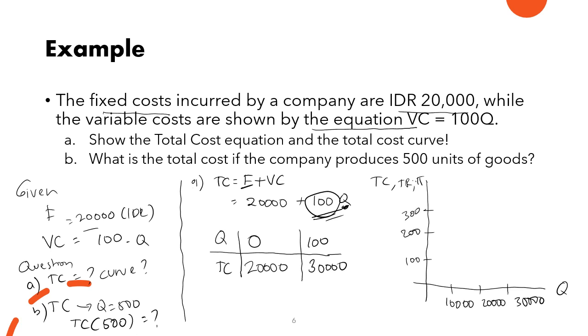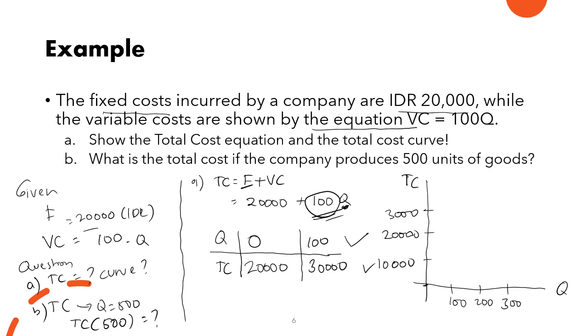Oh, the other way around, my mistake. Since there is no TR and profit, that axis is only for total cost. So this is 0 to 100, I will put here 100, 200, 300. And for cost here, we will use a scale of 10,000, 20,000, 30,000.